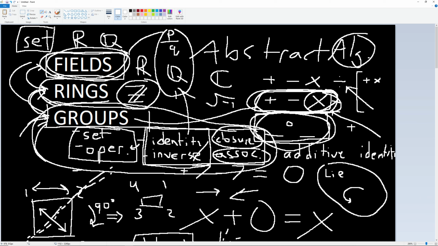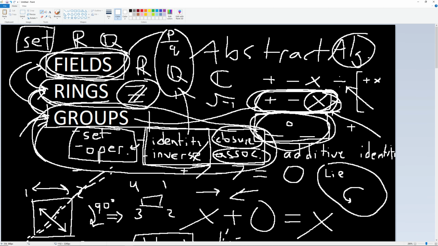But at the end of the day, for programming, this is usually not super important unless you get really deep into computer science. I think it's great to have this bird's eye view of certain areas of mathematics, so that if somebody talks about a field, you have some intuition of what that is. Same with rings and groups.